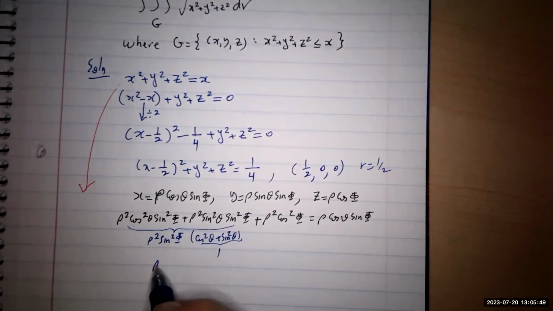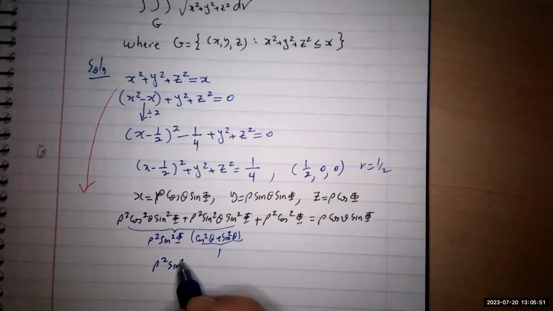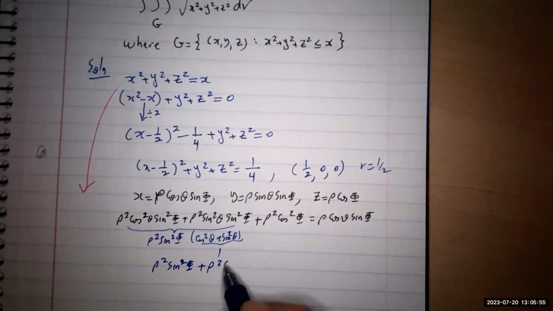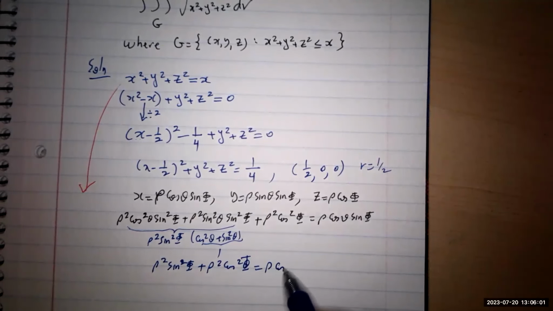So you end up with rho squared sine squared of the phi plus rho squared cosine squared of the phi, which is going to be rho cosine of the theta sine of the phi.